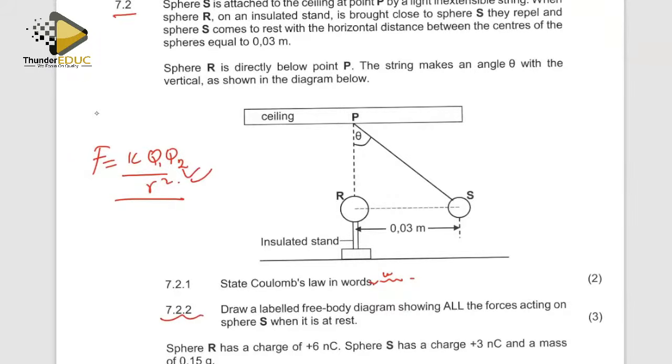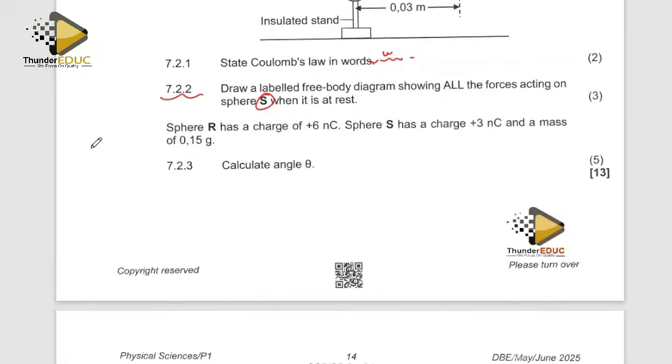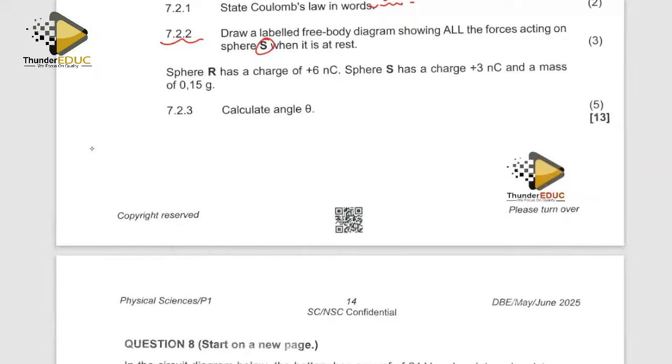Then 7.2.2, draw a free body diagram looking at S. So with S, we're going to have the weight, the tension, and then the Coulomb's force there, the force that is as a result of R. All right, then they're telling us that sphere R is positive 6 nanocoulomb, and then S is 3 nanocoulomb, and then the mass is 0.15.